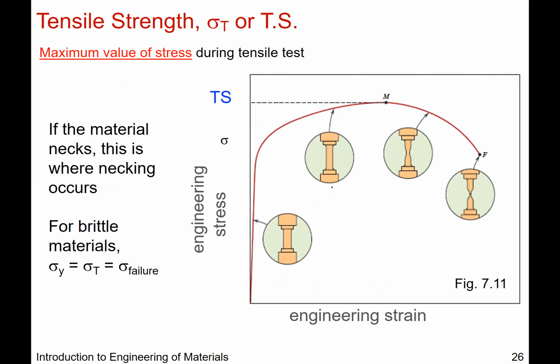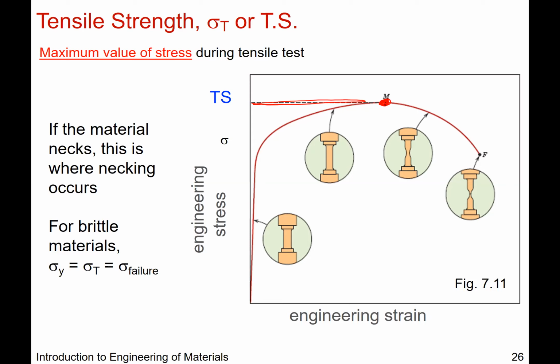Okay, tensile strength. This is figure 7.11 in your book, where we can read off the tensile strength as the maximum stress that the specimen experiences. This is where what's called necking occurs. We've talked about ideal cases where you made a specimen of known geometry and starting cross-sectional area.